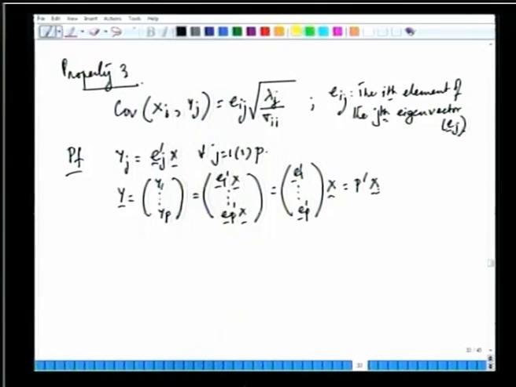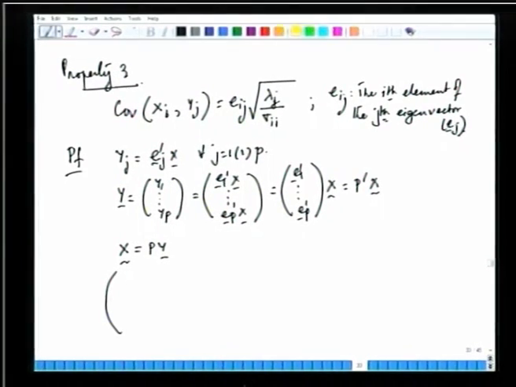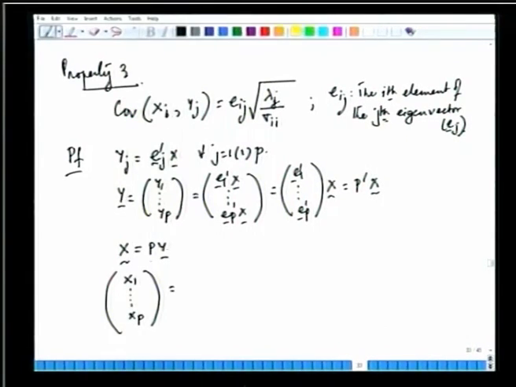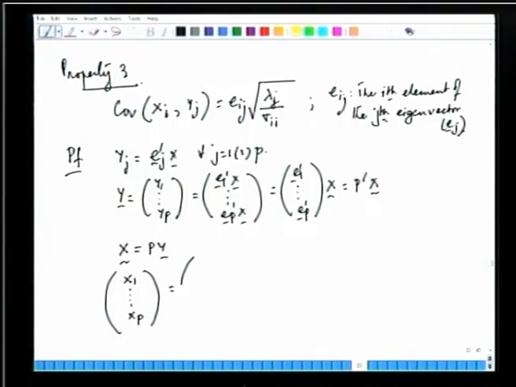So y is nothing but P transpose x, and P being orthogonal, x is equal to Py. And x is just like y, also p dimensional: I have x1, x2 to xp, and I simply have the P matrix here.